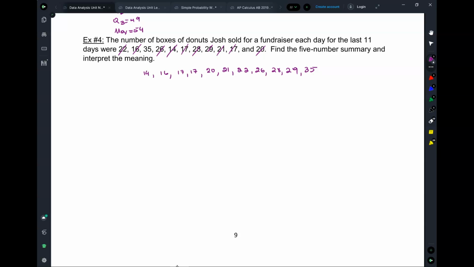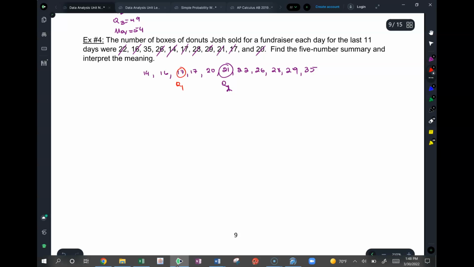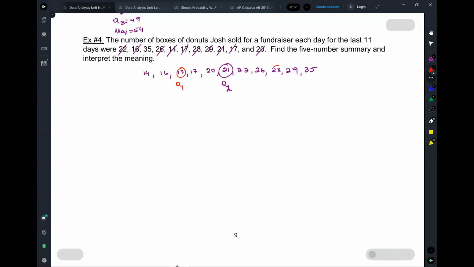10, 11, okay? So again, where's Q2? 21. So where's Q1? 17. And Q3? 28. And then we have min and max, right?